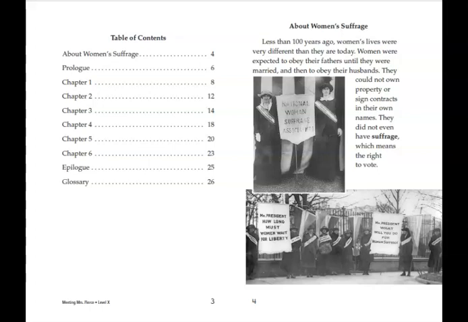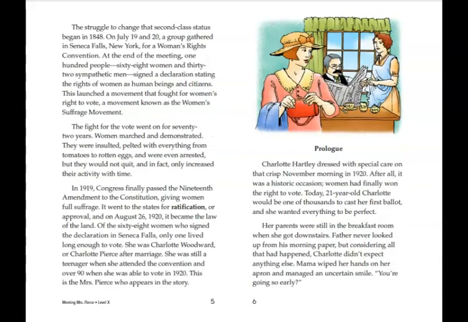About women's suffrage. Less than 100 years ago, women's lives were very different than they are today. Women were expected to obey their fathers until they were married, and then to obey their husbands. They could not own property or sign contracts in their own names. They did not even have suffrage, which means the right to vote. The struggle to change that second-class status began in 1848.